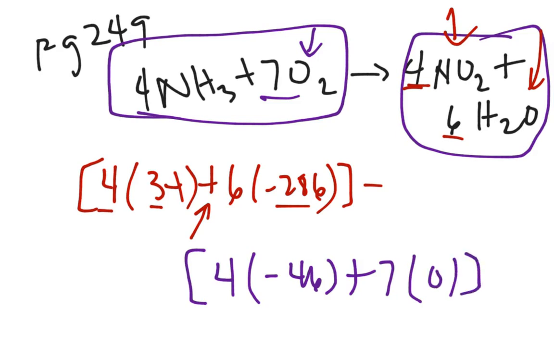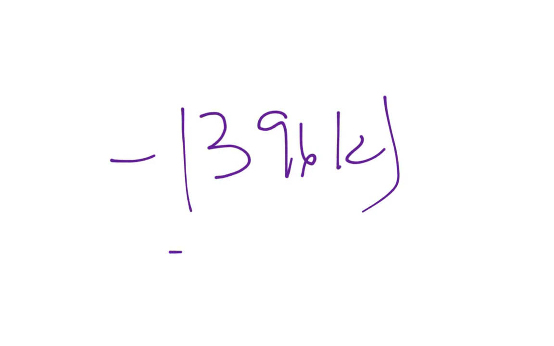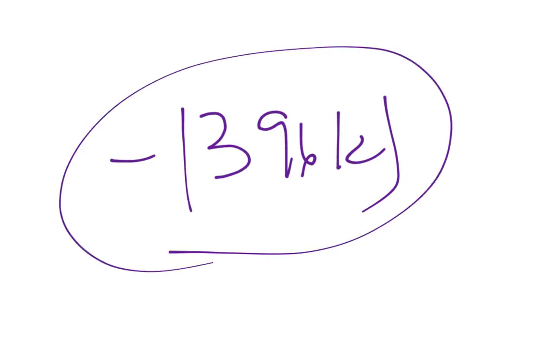Okay, so we add that all together and we get negative 1396 kilojoules is the delta H for that reaction, the enthalpy change, the heat flow for that reaction.